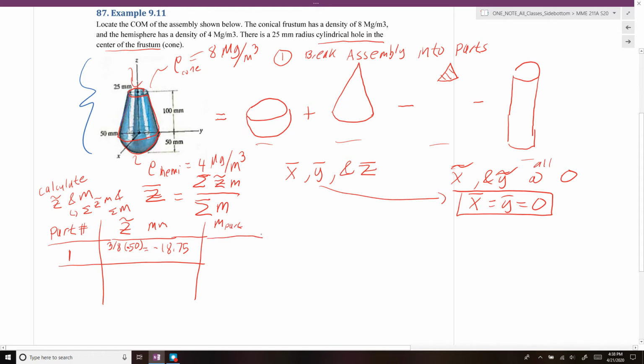The mass of our body, number 1, is equal to rho times v. In this case, rho of our hemisphere was equal to 4 megagrams per meter cubed.